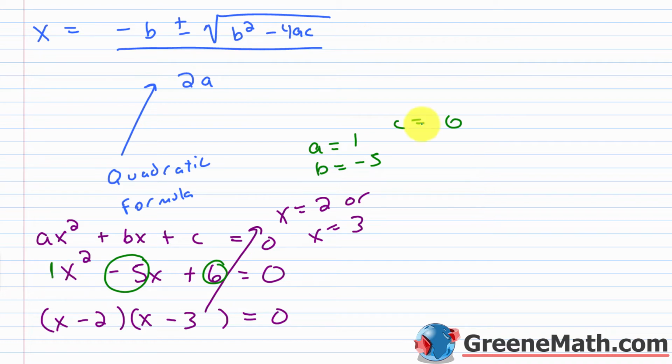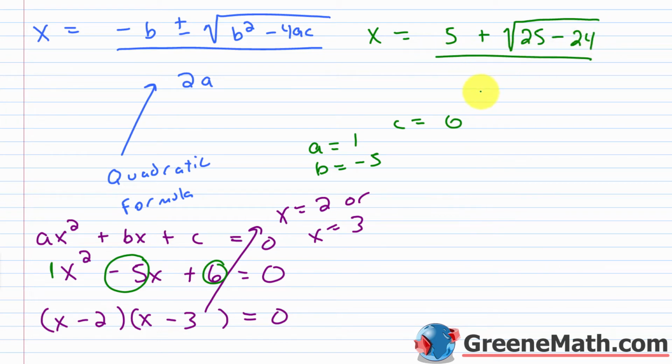So I would have x is equal to negative b. The negative of negative 5 is positive 5. So I'd have negative 5, again, that's positive 5. Then you have plus or minus. So I'm going to do the positive scenario first. So plus the square root of, you have b squared, negative 5 squared is 25, minus 4 times a times c. 4 times 1 is 4, times 6 is 24.